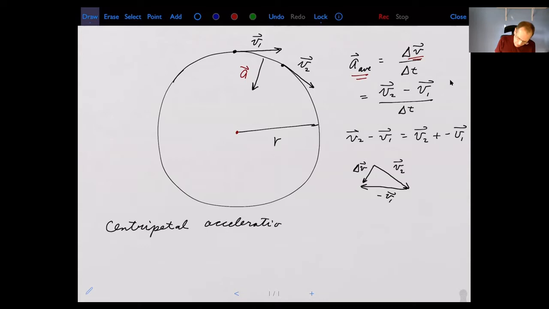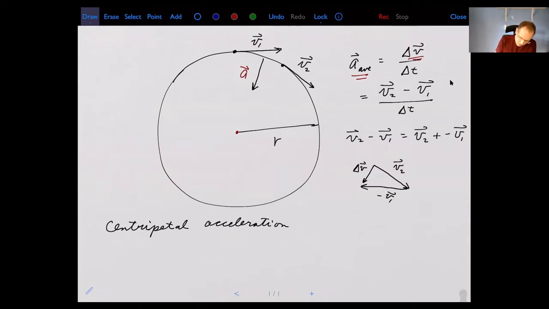So whenever a vector is changing direction, and the path of the object is circular, then there's going to be this centripetal acceleration towards the center of the circle. Now, in lecture, you also learned that it has a magnitude, and that magnitude depends on the linear velocity, the tangential velocity, and the radius.